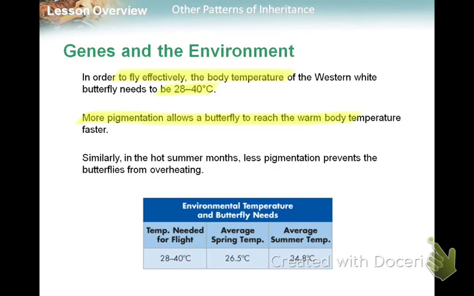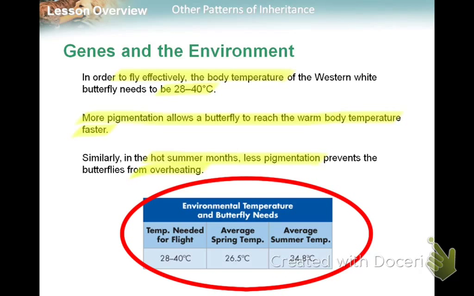More pigmentation allows absorption of light energy, reaching warm body temperature faster. When it's hot, less pigmentation prevents the butterflies from overheating, from going outside of that temperature range on the upper end. So the different coloration helps determine homeostasis, that stable internal body temperature necessary to fly.